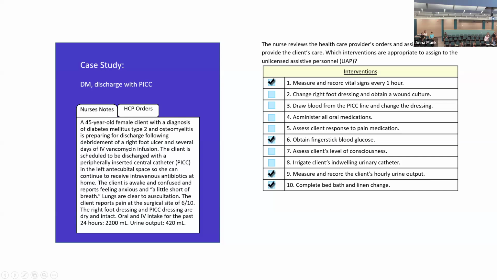So they can't draw from a big line and change a dressing. That's sterile. Can an unlicensed person give oral medications? It doesn't say with extensive training, right? Because there are some certifications, but it doesn't say that. Do they do any assessment whatsoever? No. What about irrigating a catheter? That's invasive, right? So those are the 4 things that I can offload off of my to-do list so that I can do my priorities.